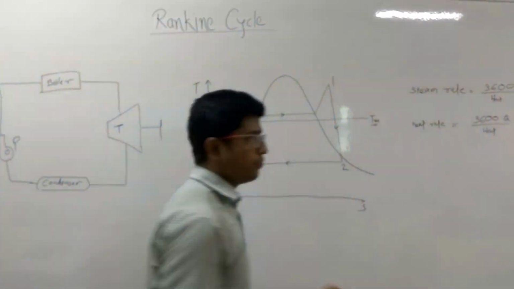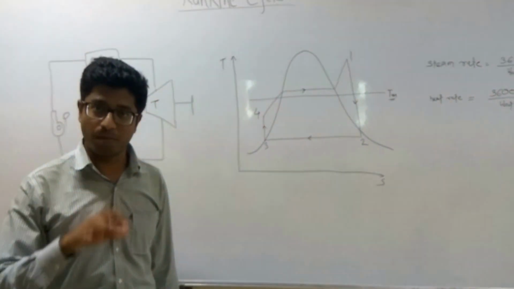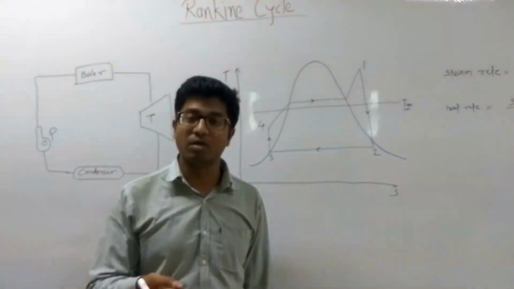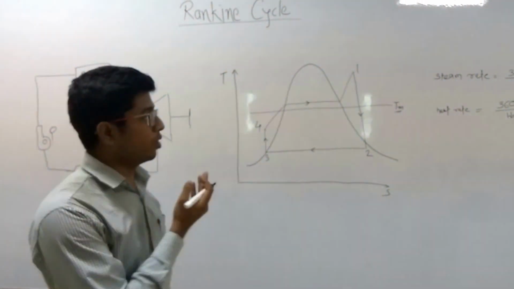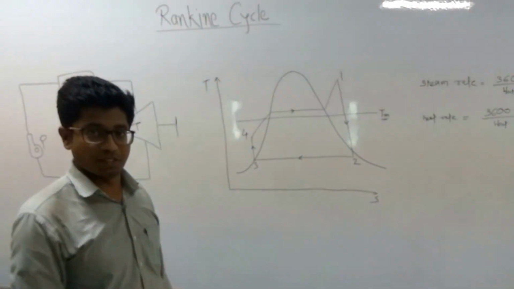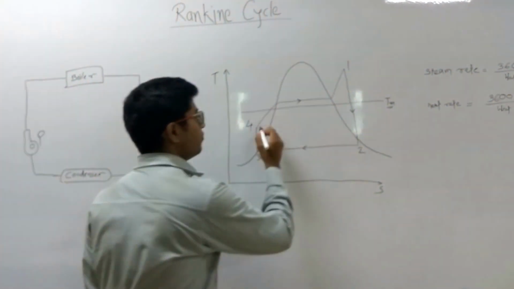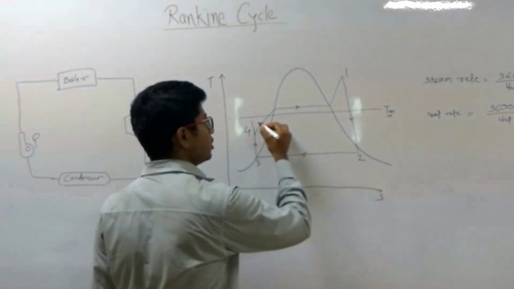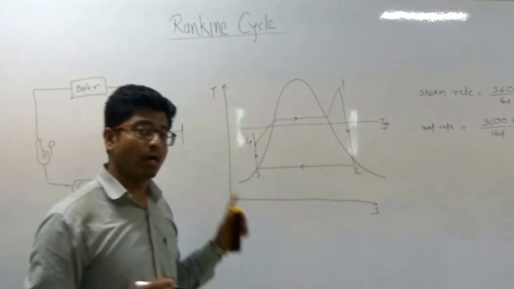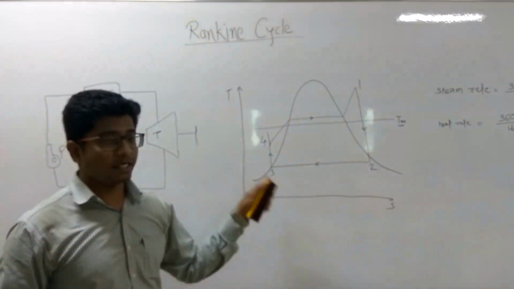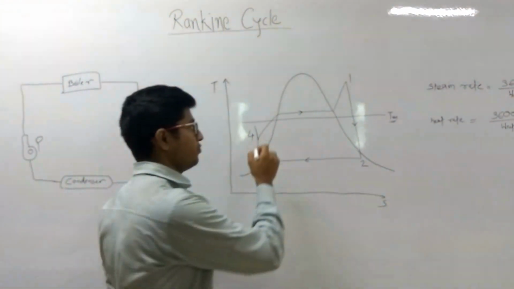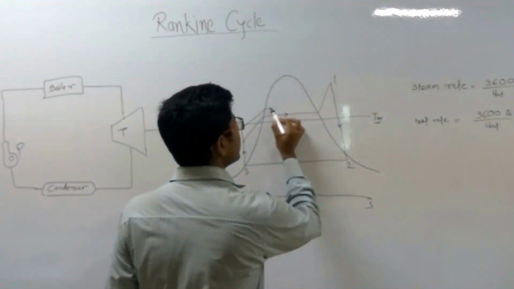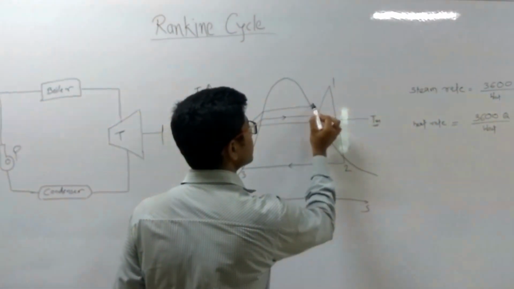The first one, if we increase the boiler pressure, then what will happen to the other parameters like turbine work, or pump work, or net output, or efficiency? If we increase the boiler pressure, then the Rankine cycle will change like this.